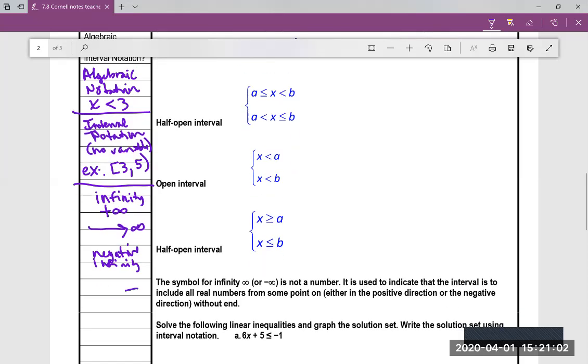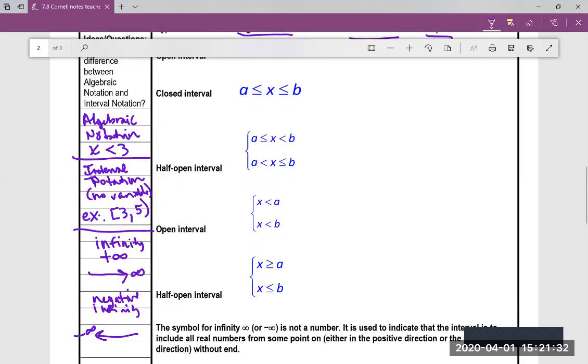And negative infinity is always to the left, and it has a negative sign in front of it. Okay. Now, if I asked you this in class, are we ever going to hit infinity or negative infinity? You would say no, we're never going to hit it. It's just out there. In that case, it's never going to be equal to infinity. Okay. You'll see what I mean here in a minute.